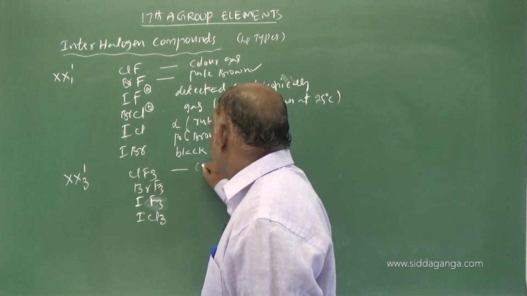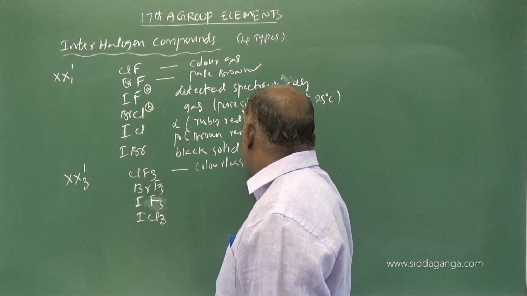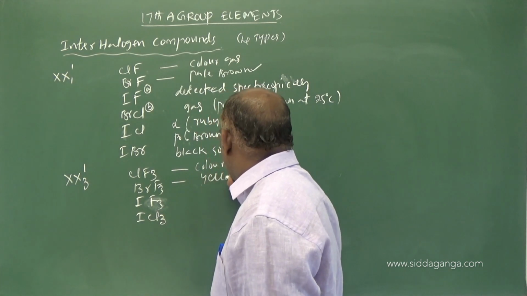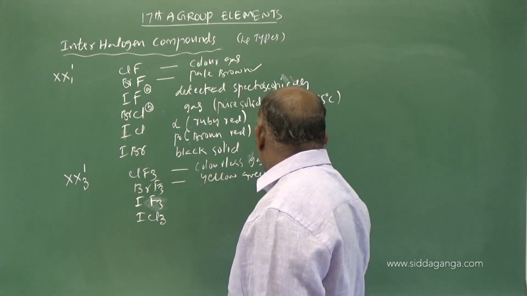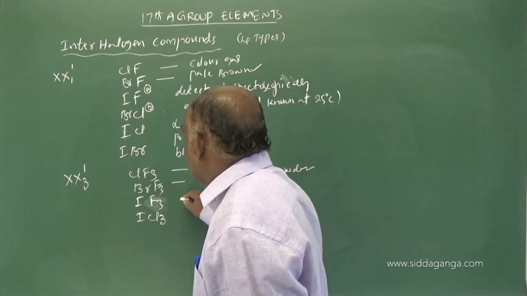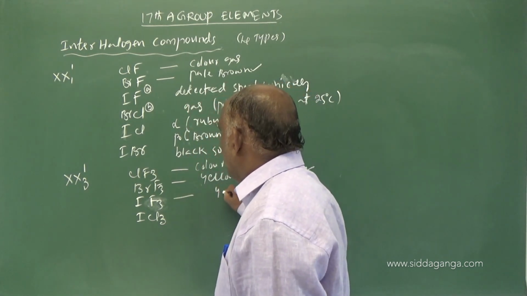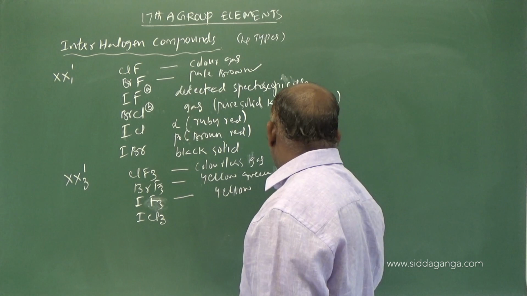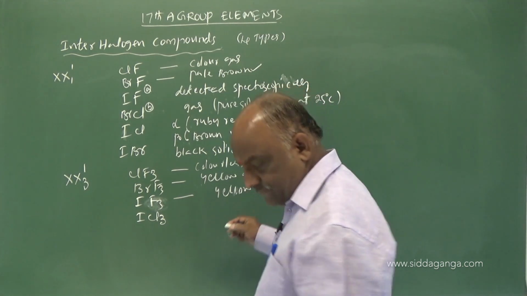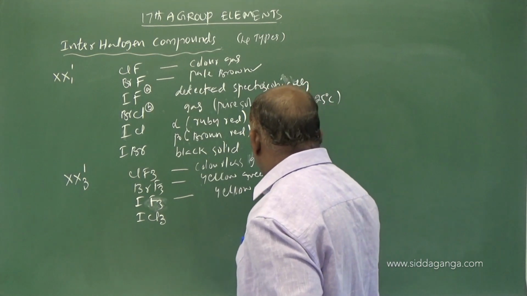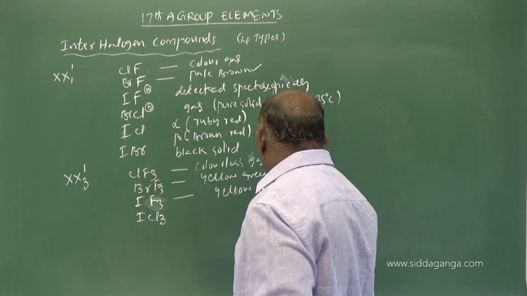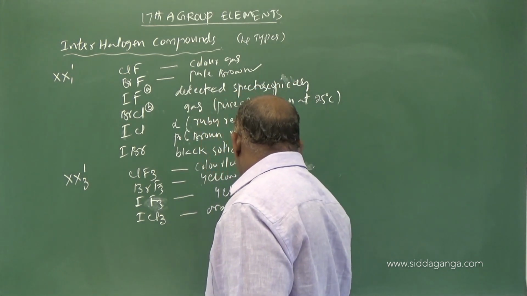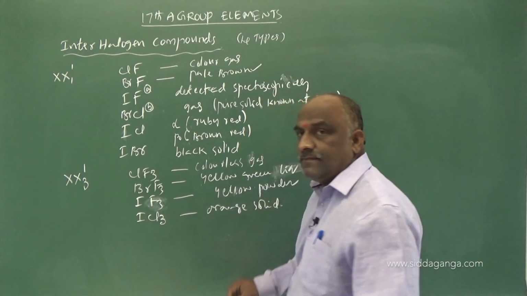ClF3 is a colorless gas. BrF3 is a yellow green liquid, IF3 is a yellow powder, and the last one, ICl3, is an orange solid.